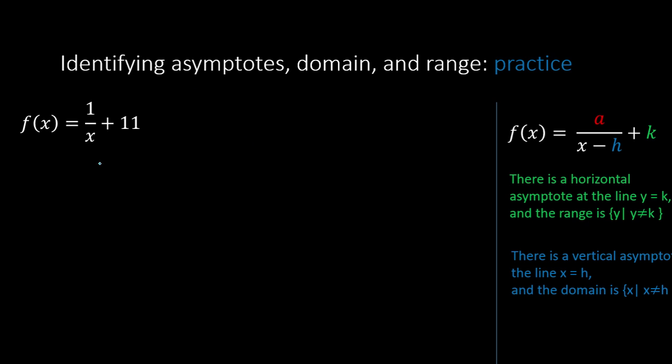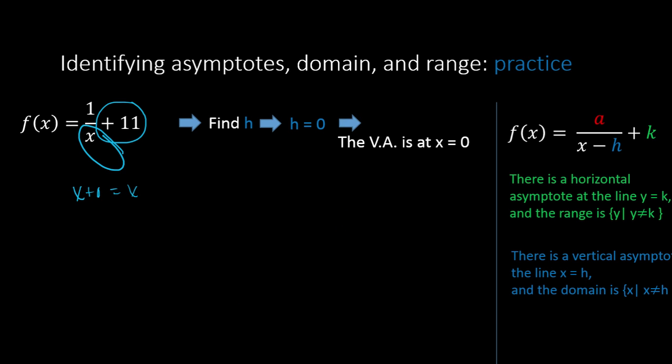Alright, finishing up here. F of x equals 1 over x, plus 11. So we've added 11 here, which means k, let's start with h. In the denominator, I didn't actually change anything, right? I just had x. So that means the value of h is 0, because x plus 0 is still just x. So my vertical asymptote is x equals 0.